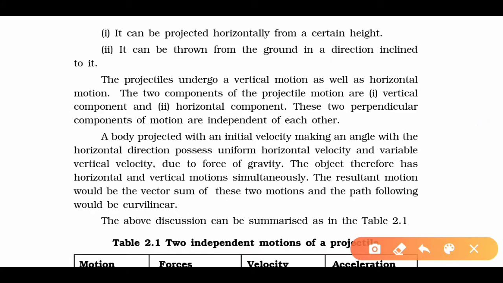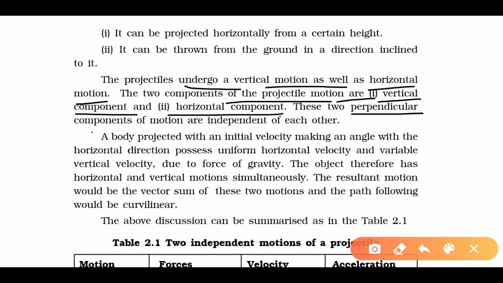The projectile undergoes a vertical motion as well as horizontal motion. The two components of projectile motion are the vertical component and the horizontal component. These two perpendicular components of motion are independent of each other.